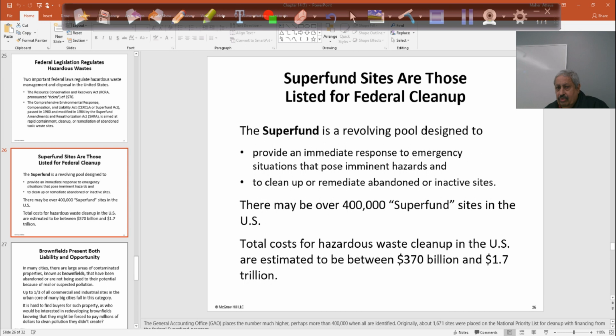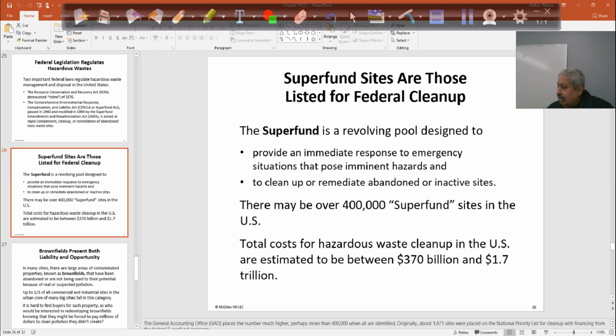Superfund sites are those listed for federal cleanup. The Superfund is a revolving pool designated to provide an immediate response to emergency situations that pose imminent hazards, and to clean up or remediate abandoned or inactive sites, such as mines.